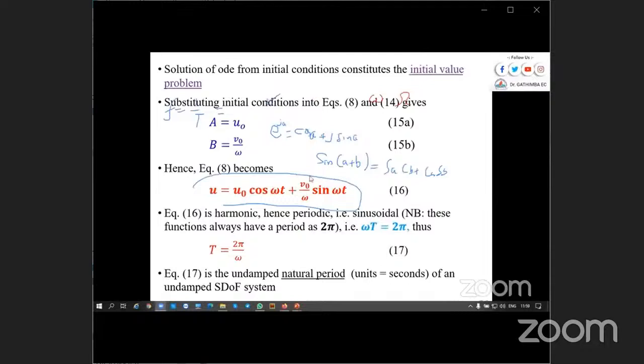Let me take it back here. So we are saying sine A plus B, sine A cos B plus cos A sine B. So here we have written U naught cos omega t plus V naught over omega sin omega t.